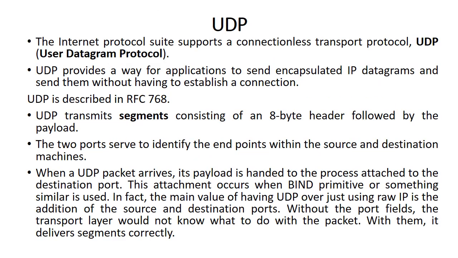The first protocol under the transport layer is UDP. UDP means User Datagram Protocol. It's a simple protocol. We have to remember two things while discussing UDP: it's a connectionless protocol as well as an unreliable protocol.